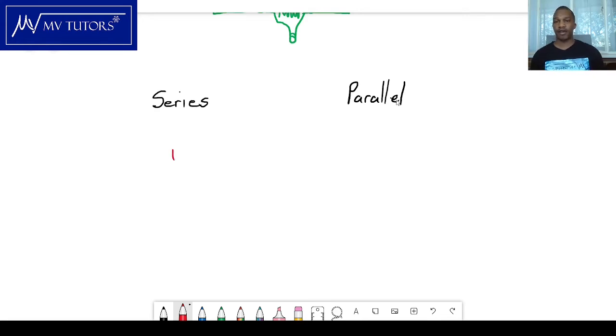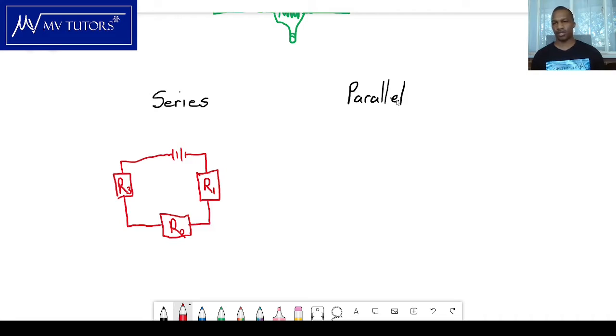If we have a power source connected to resistor 1, which can be a light bulb, and then it's connected to resistor 2, and it continues to another resistor, resistor 3, and we join those, that's an example of resistors connected in series. They just go in one line.